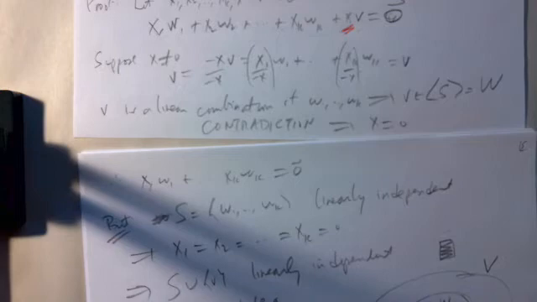And again, we have a vector space V and a subspace W. And so let W be a subspace of V, and the dimension of V is equal to n. So V has a basis with n vectors.